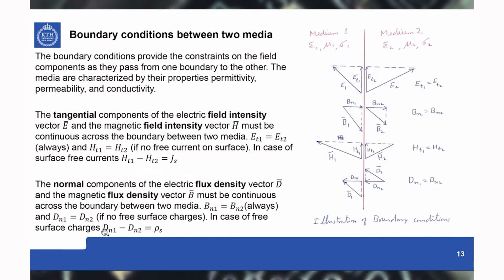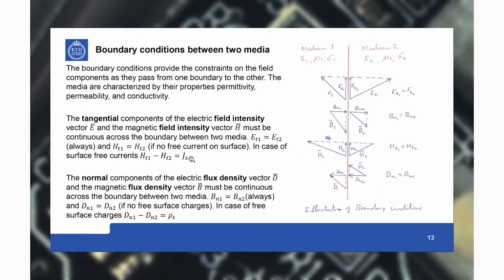The difference in the normal component of the electric flux density equals the surface charge density, rho s. And rho s has a unit of coulomb per meter squared. And here the surface current density has the unit amperes per meter.